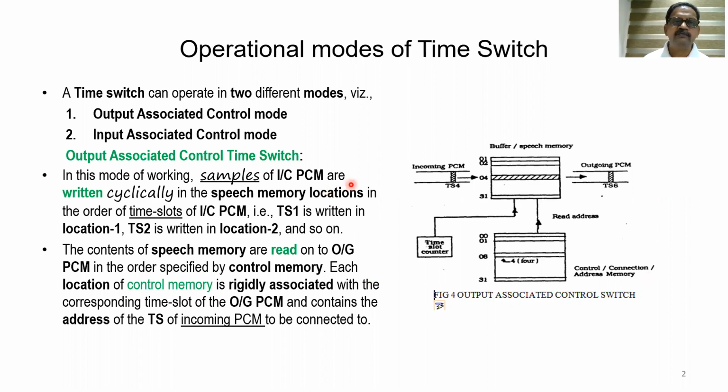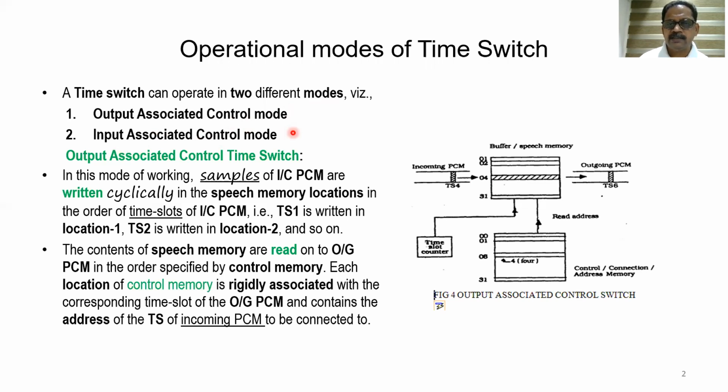To start with, we will discuss the operational modes of the time switch. A time switch can operate in two different modes. They are output associated control mode and input associated control mode.